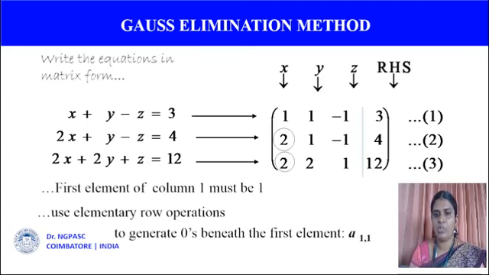Usually in a Gauss elimination method, the first element of the first row on the first column is always 1. If it is not 1, you can make your row operations and column operations so that this element becomes 1.